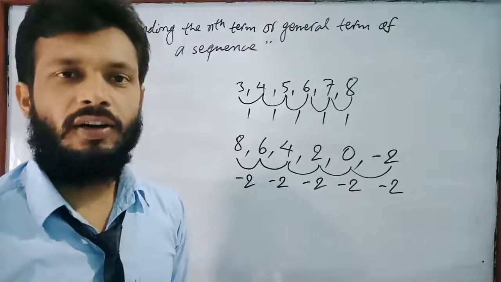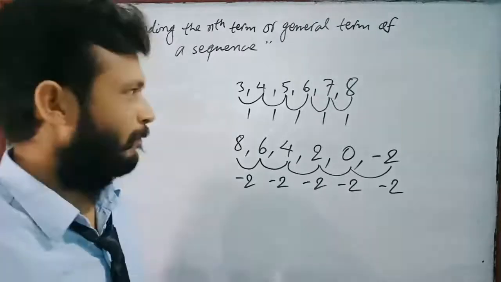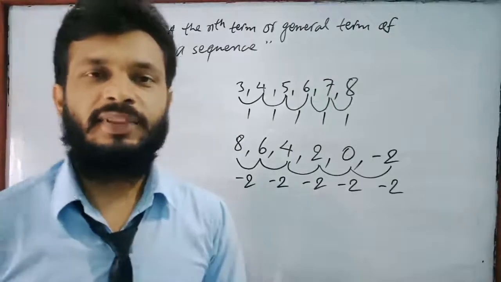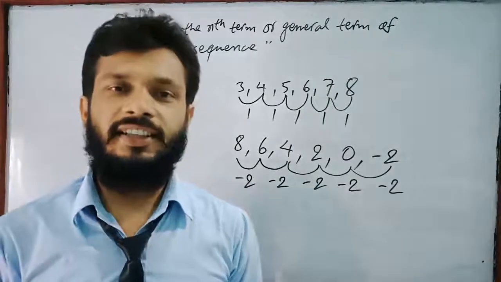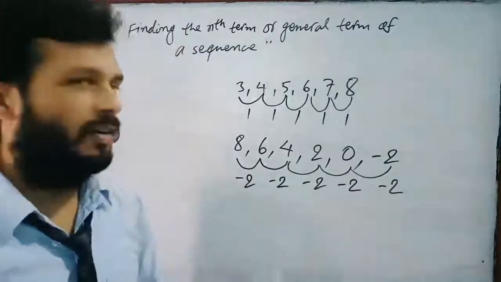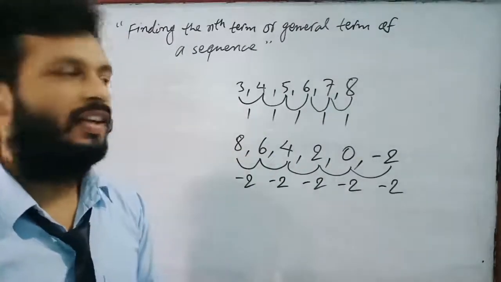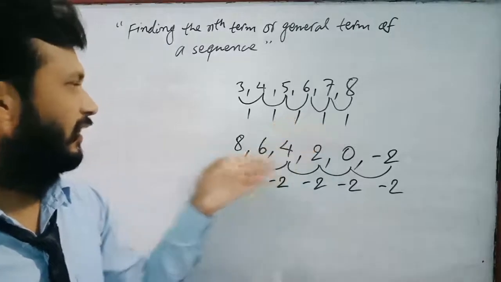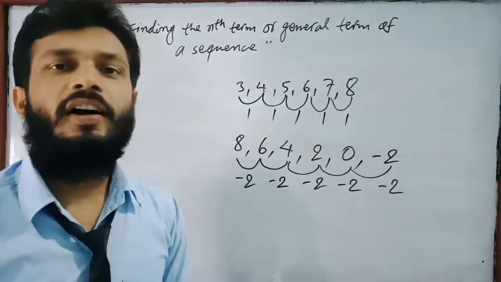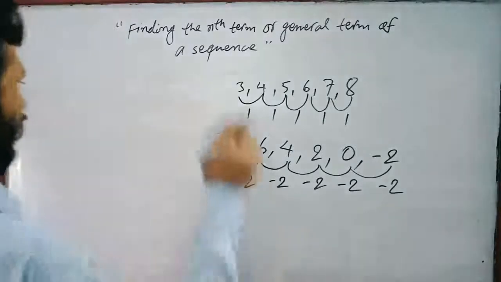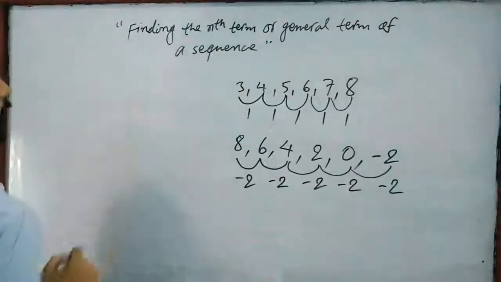We know a sequence in which each term increases or decreases by a fixed number is called a linear sequence or an arithmetic sequence. Then we can find its general term, or what? Nth term.